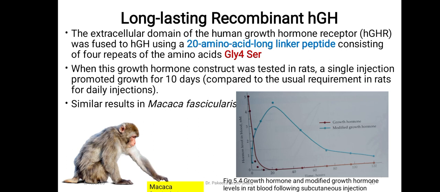You can see the red line indicates the regular one, and the blue line indicates the modified growth hormone. And you can see that the levels remained quite high for longer as compared to the other one. You can see that till 60 hours, the levels were higher than the compared version of the regular growth hormone.